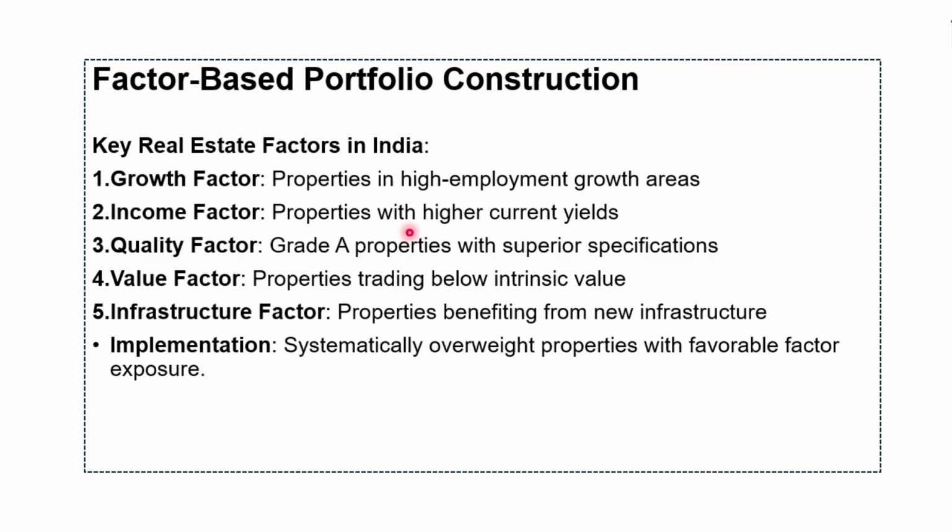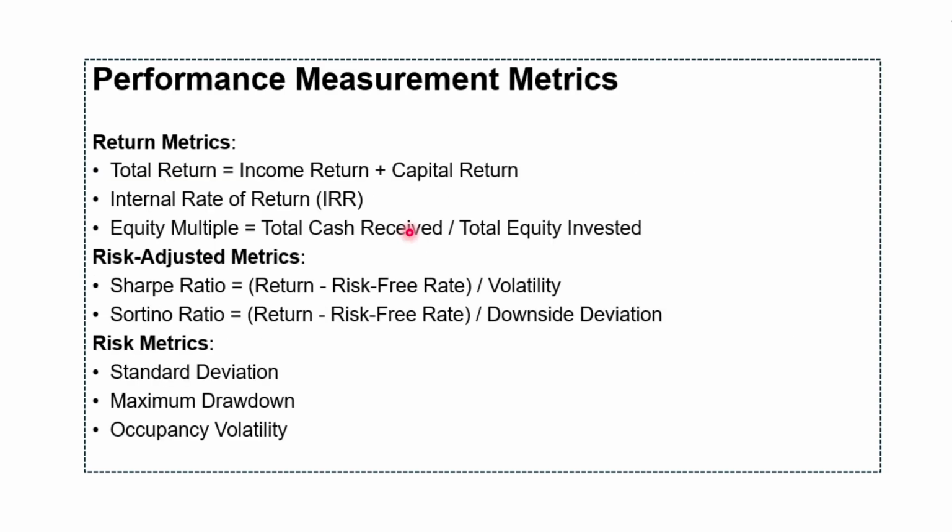Then we have performance measurement metrics. Performance measurement in real estate requires multiple metrics because a single measure can be misleading, given real estate's unique characteristics. Return metrics start with total return, which includes income return plus capital return.